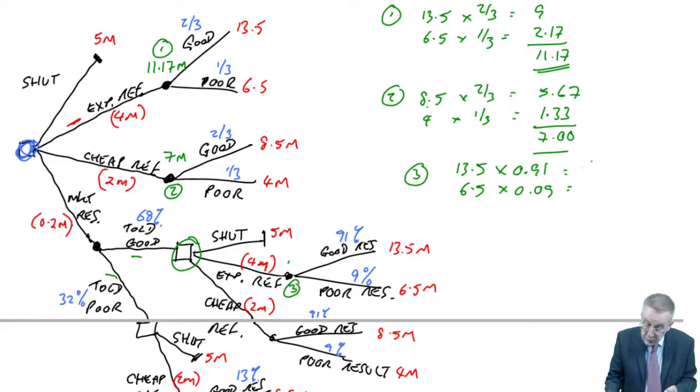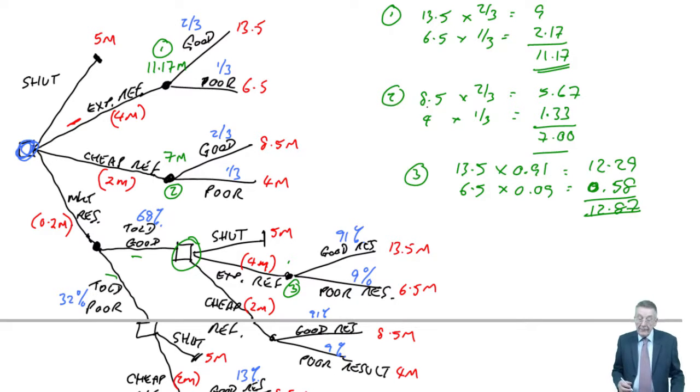So multiplying, 12.29, not really, a bit of rounding, 0.5, 12.87. So the benefit of expensive would be 12.87.